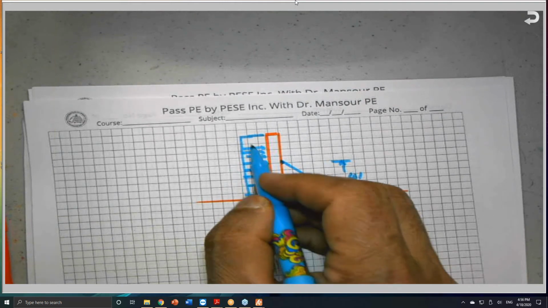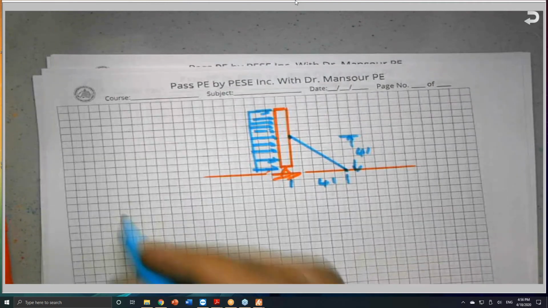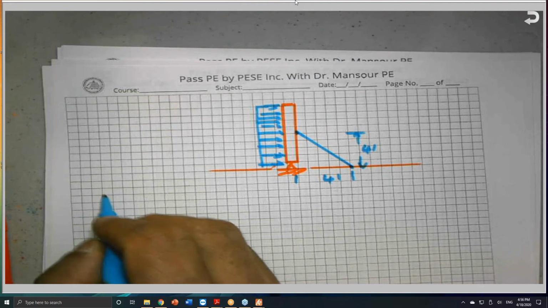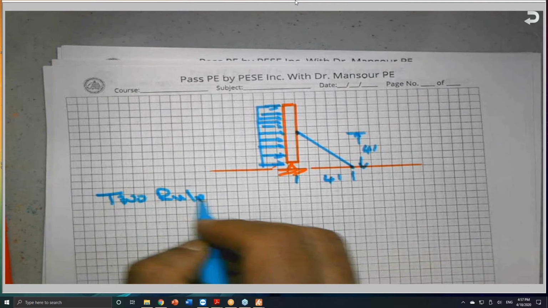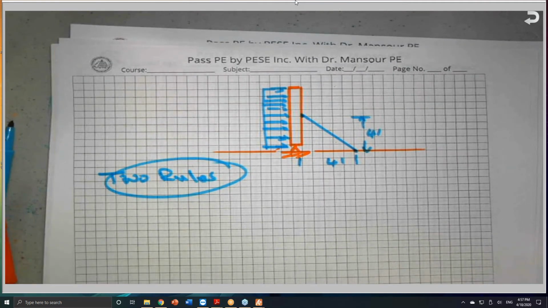One of the rules, normally I needed to remember, two rules in fact, for the loads. Any distributed load converted to a concentrated load, this is number one.